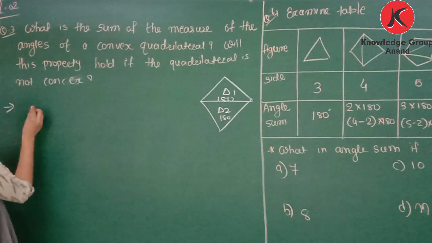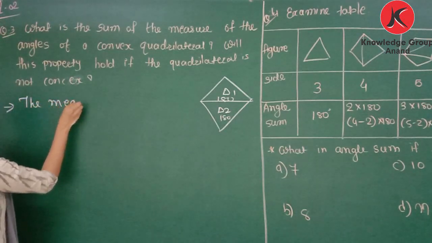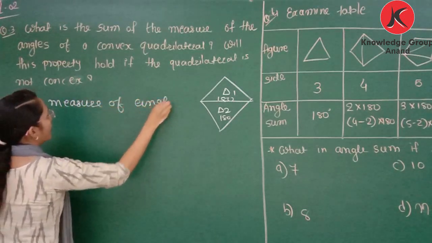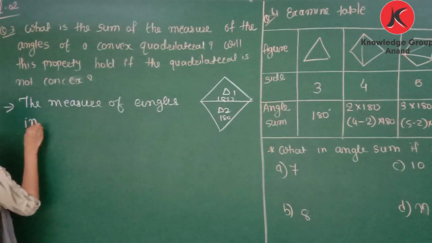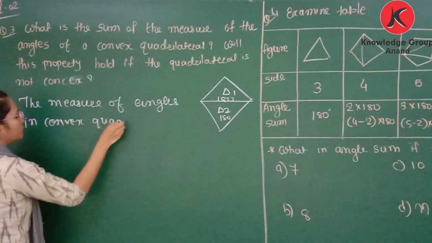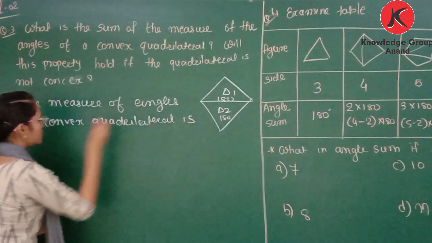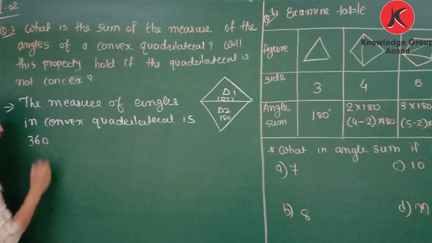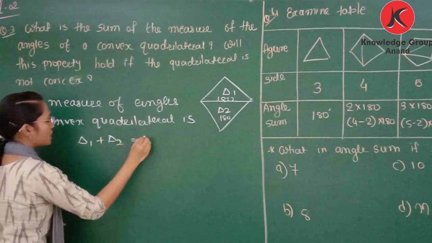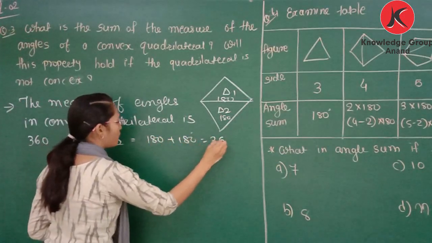So we can write the measure of angles in a convex quadrilateral is 360. Why? Because addition of triangle 1 plus triangle 2, that is 180 plus 180, that is 360.